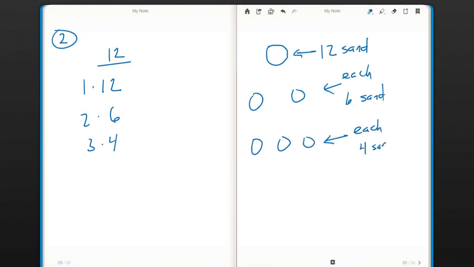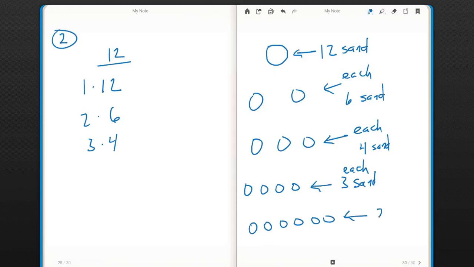But because the numbers are different, the sandwiches and the plates are different, I could also have 4 plates, and each of my plates has 3 sandwiches, or I could have 6 plates on which I only can fit 2 sandwiches each, or I could have 12 plates with 1 sandwich each.